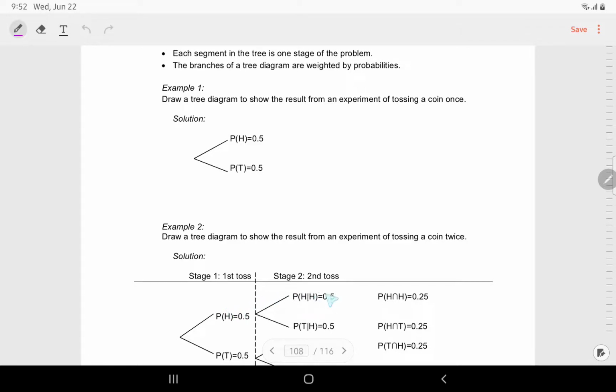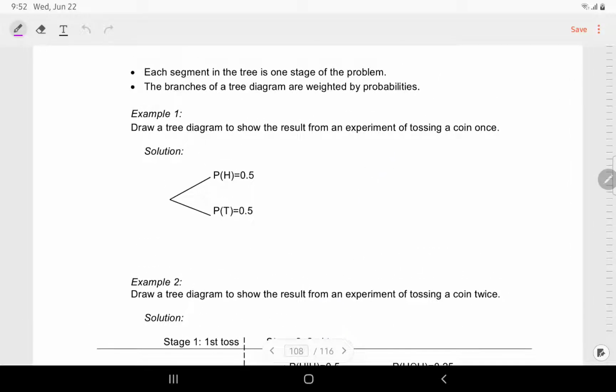Okay, ada dua event. Setiap satu stage ni ataupun setiap satu segmen ni untuk satu event. So ini second event. Okay, and the branches of the tree diagram are weighted by probabilities. Setiap branch dekat sini, okay, kita kena letak probability. Sini probability, and then branch ni ada probability, branch ni pun ada probability. Setiap branch mesti ada probability dia.